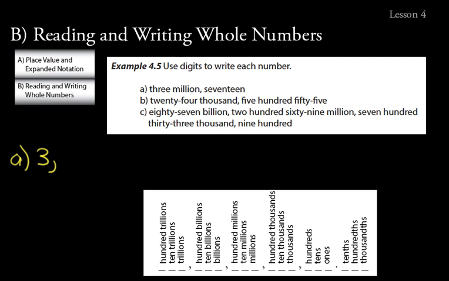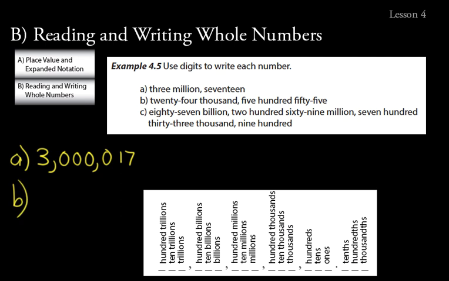So you just have to know that there's nothing in the thousands place, but you put placeholder zeros there for that. Keep going, comma, 17. There's nothing in the hundreds place, and then 17. 3,017,000. That's how that is written.